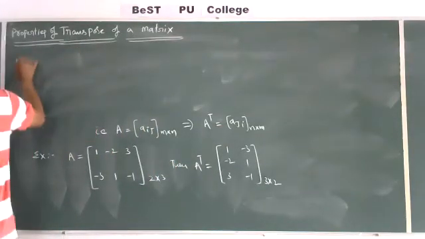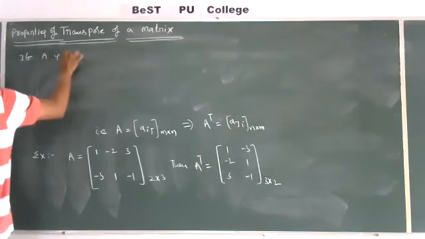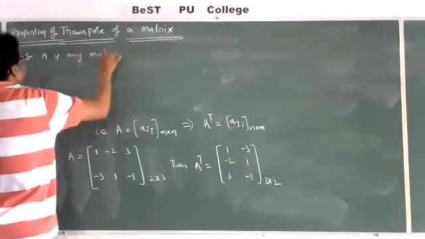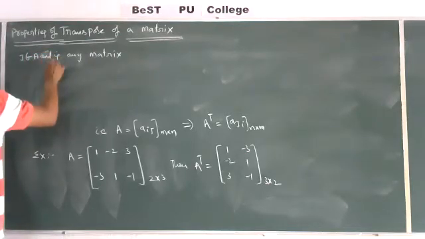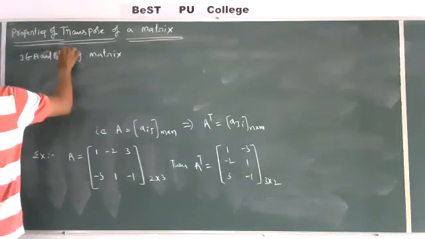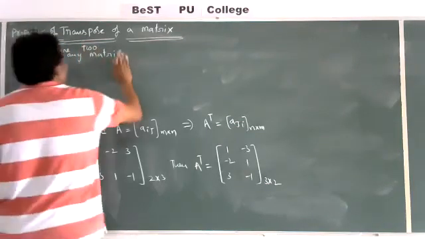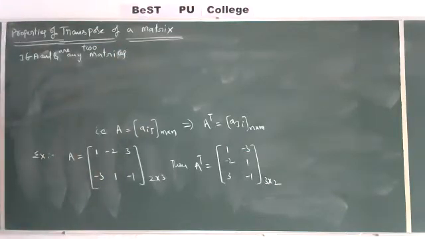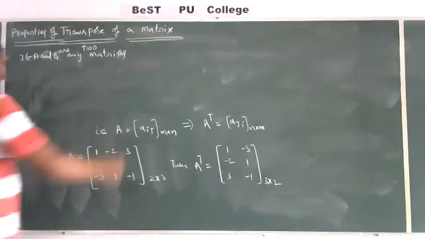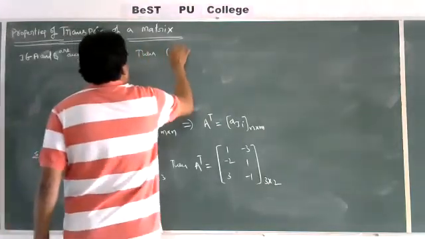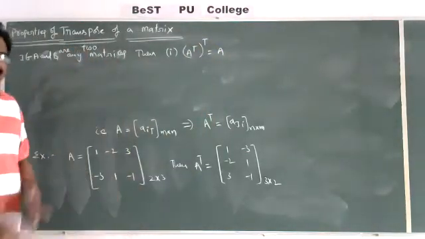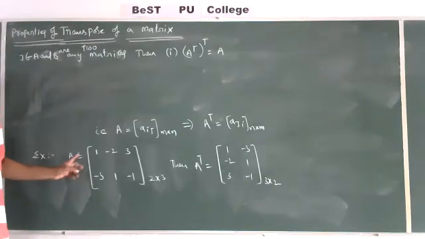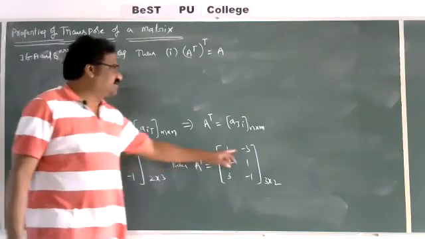First property: if A and B are any two matrices, then first property, A transpose whole transpose is equal to A. For example, this is A, then you get A transpose is this.